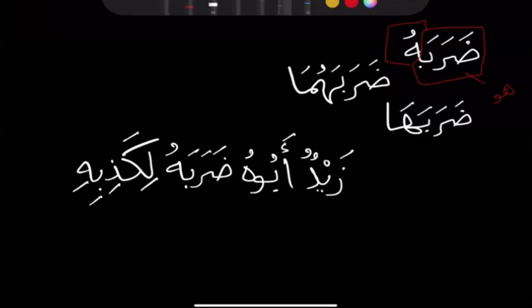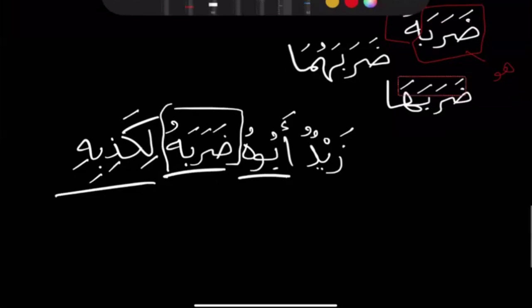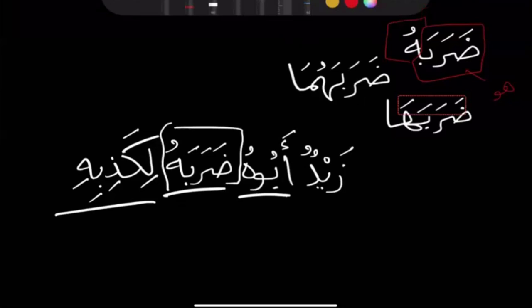Zaydun, Zayd, abuhu, his father, ضربه, he hit him, لكذبه, for his lying. But this is technically its own sentence. That's why when you see translations, there's so little Arabic and the English is so many lines. So compact, so condensed.